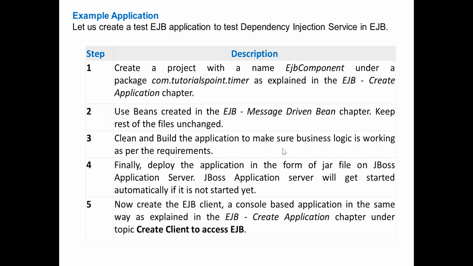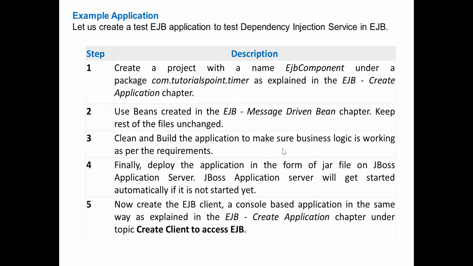Once deployed, the JBoss application server will start automatically if it is not started yet. So default automatic start is yes. In case it is not started, it is started automatically once the jar file is deployed on the JBoss application server. So this is the EJB application to test the dependency injection service on EJB.